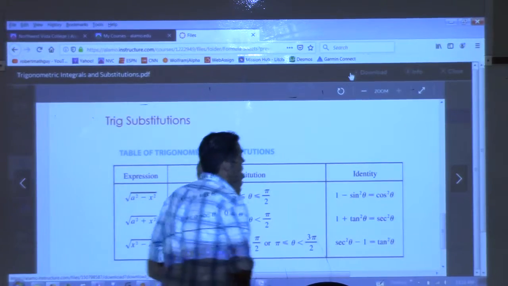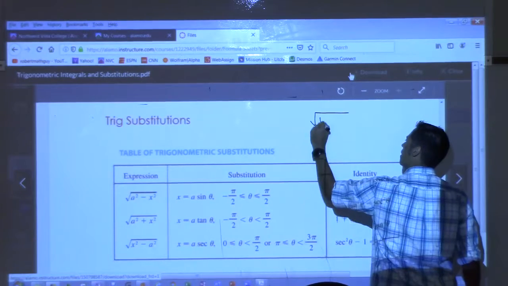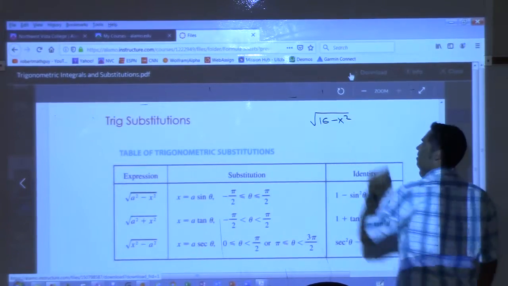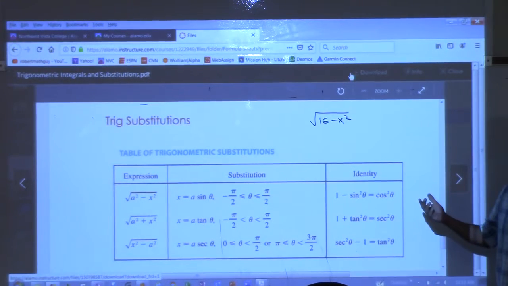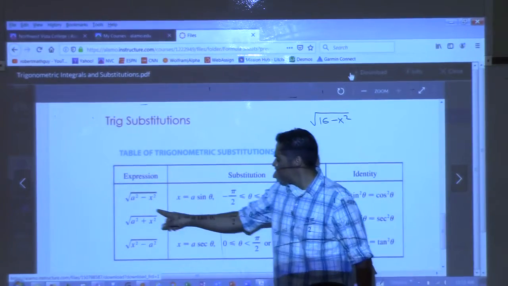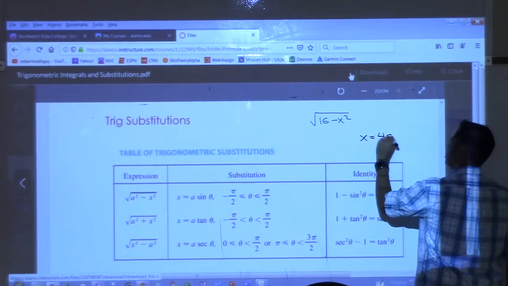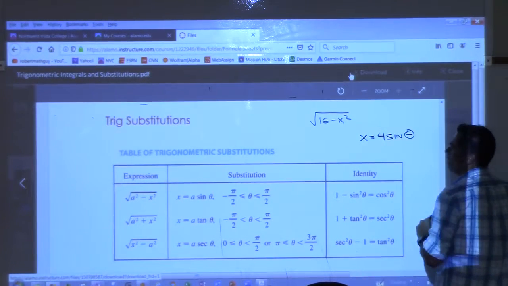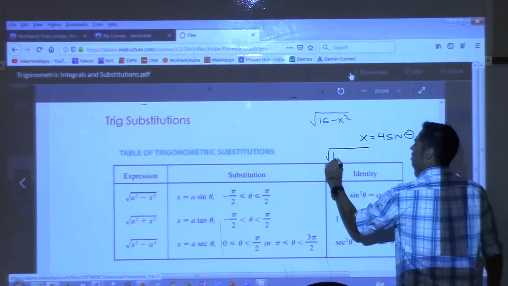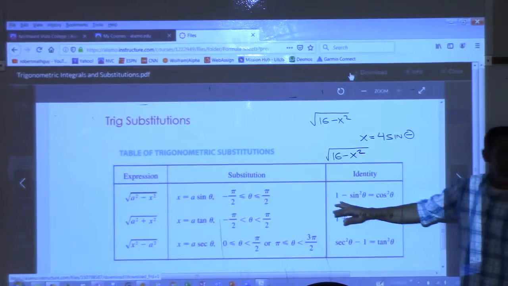The first one I asked you was the square root of 16 minus x squared. What's the trig sub that you're going to make for that? If this is the expression you have, then you're going to make x be 4 sine theta. What will the square root of all that turn out to be? That is not in here.